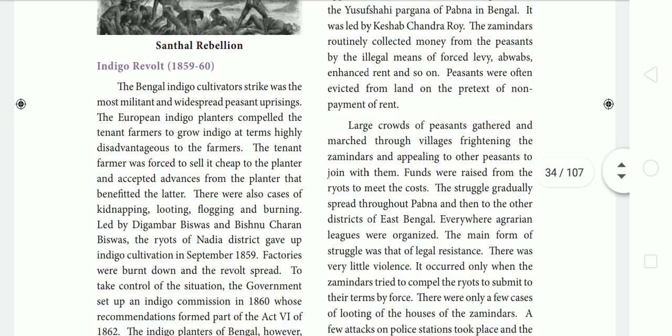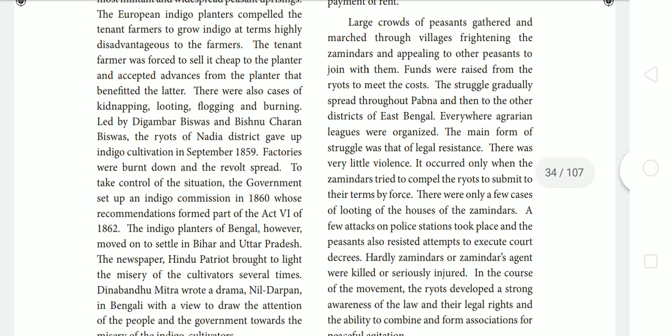Okay. So large crowds of peasants gathered and marched through villages, frightening the zamindars and appealing to the other peasants to join with them. Funds were raised from the ryots to meet the cost. So for this revolt, a large crowd of peasants gathered together and marched, means they walked, through the villages, frightening the zamindars.